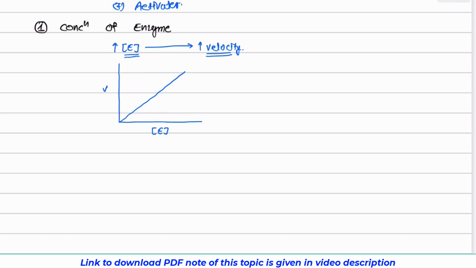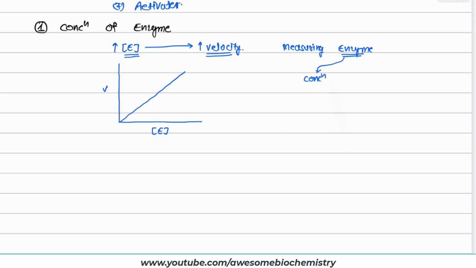And this fact is actually a basis of measuring enzyme in clinical laboratories. If we want to measure enzyme, we have two options. We can either measure its concentration, or as a second option, we can measure the speed or velocity of reaction which is catalyzed by the enzyme.